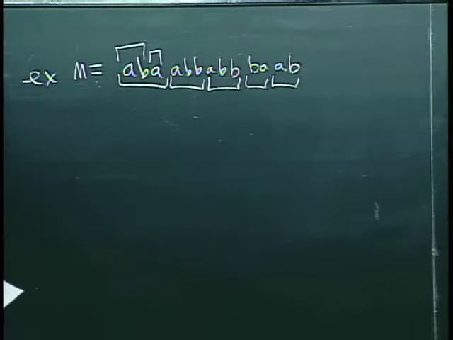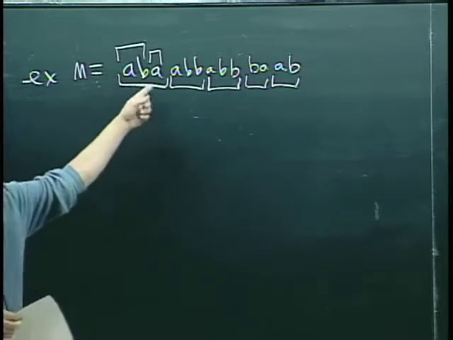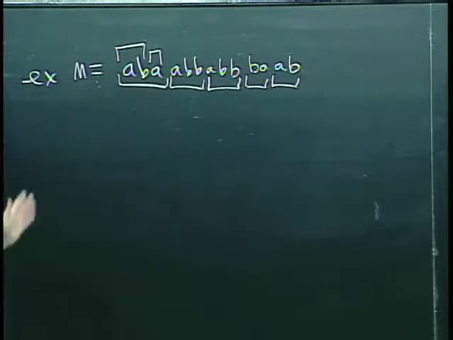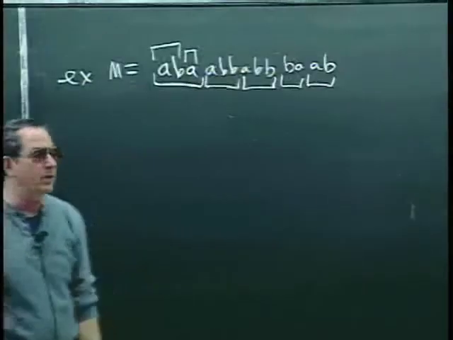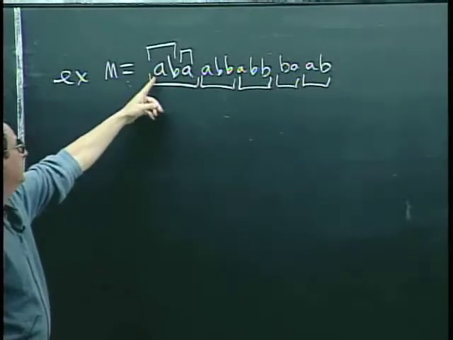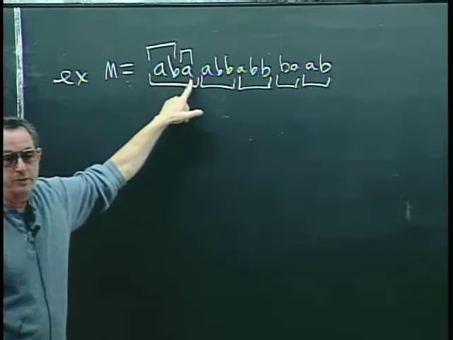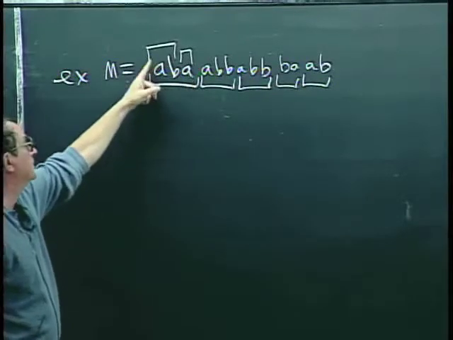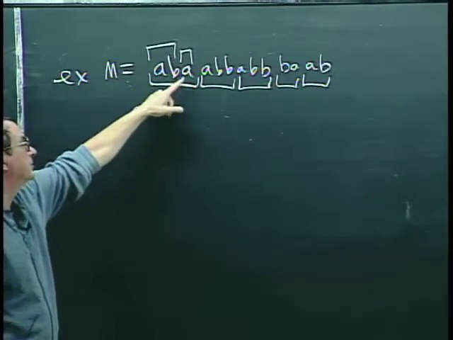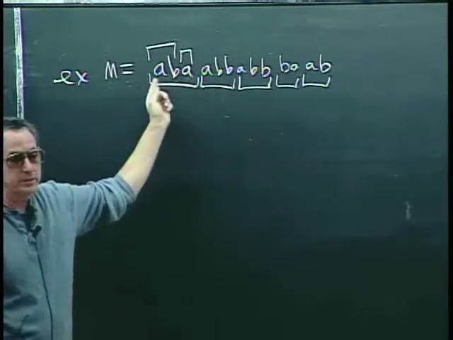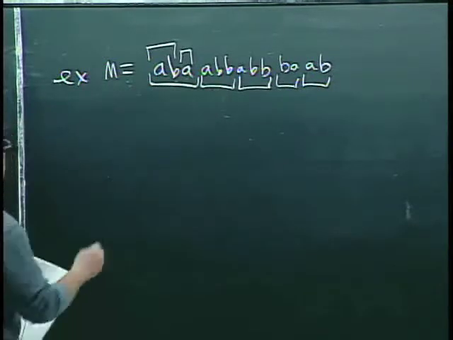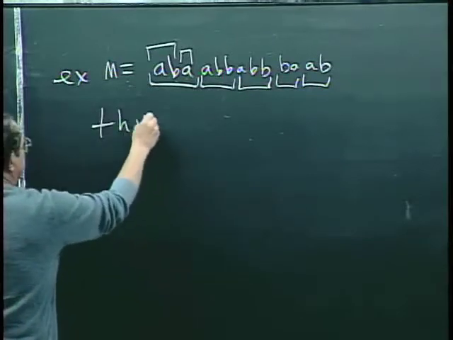So already, on this first little piece, if you have this code and you receive this message, you don't know whether the message was the ABA code word first, or code word AB first, followed by code word A. So this is an example of a message that is not uniquely decipherable.